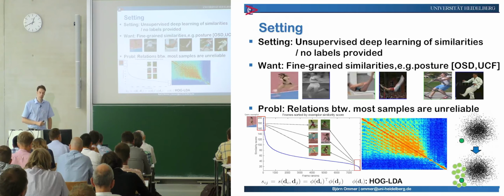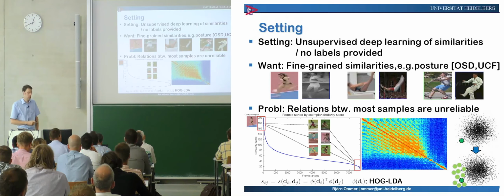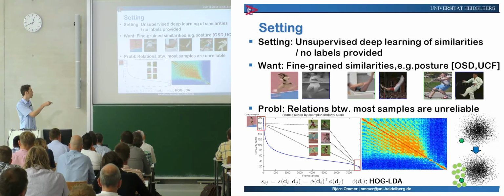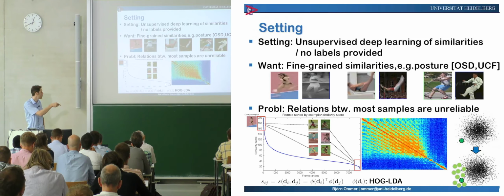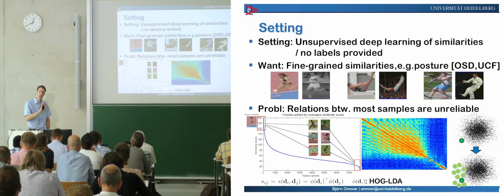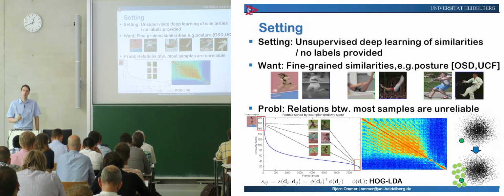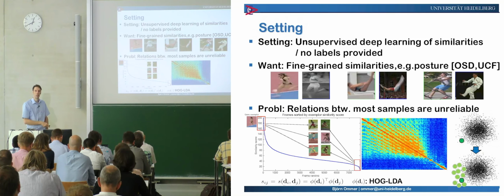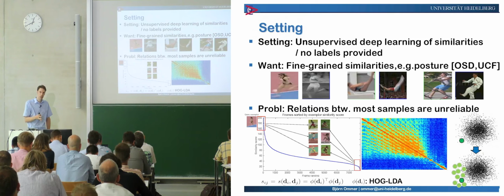Now the problem when dealing with this problem is that if you take an arbitrary similarity measure, you might have a few similarities which are reliable. You might have a few dissimilarities where you say like, okay, these are definitely dissimilar. But the majority of samples show some mediocre similarities. We neither know if they're similar nor if they're dissimilar.